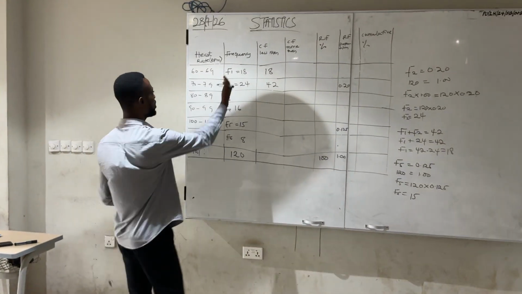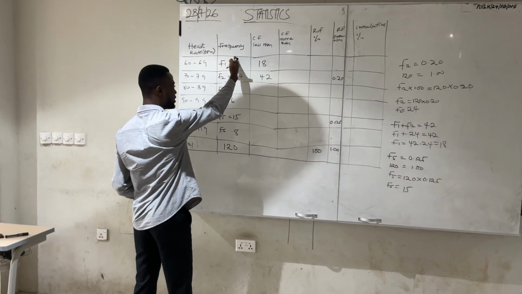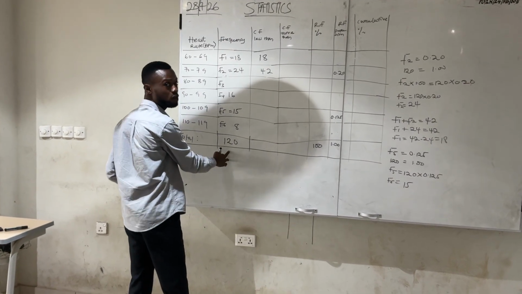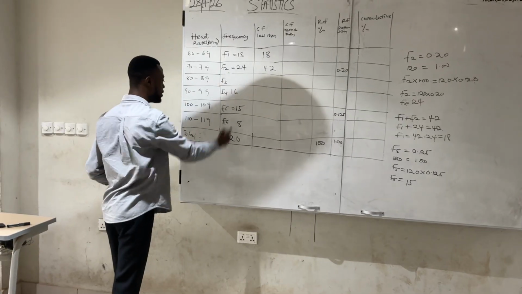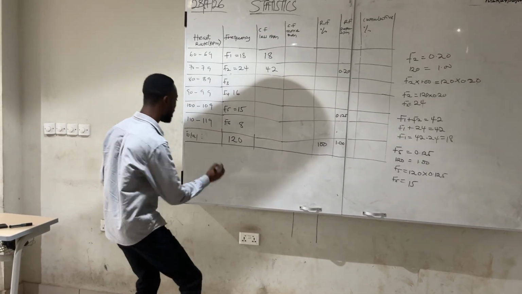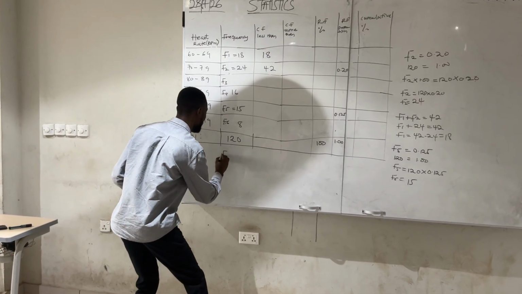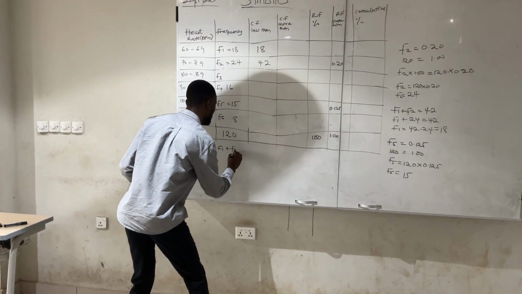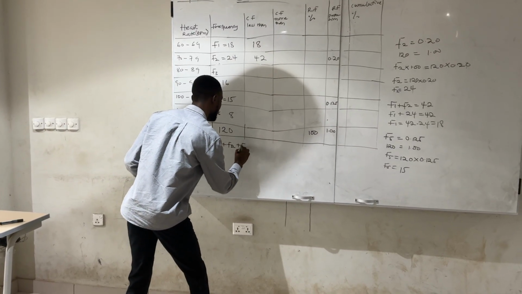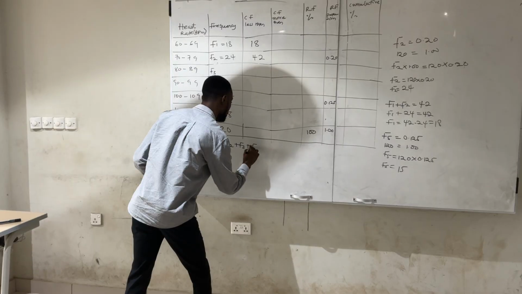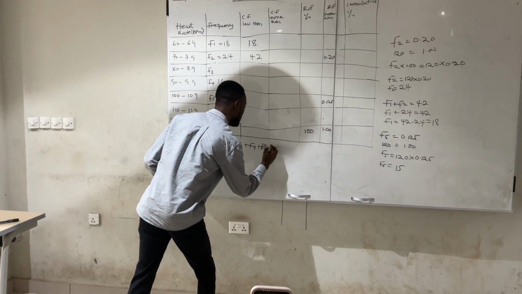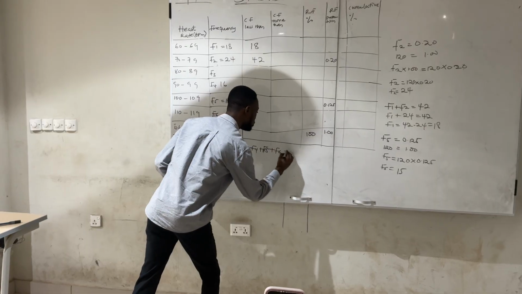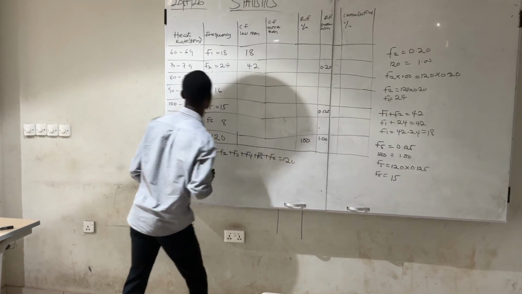Now, when you add the frequencies, we are supposed to get 120. Since we don't have F3, we can use this to find F3. So F1 plus F2 plus F3 plus F4 plus F5 plus F6 should give us 120.